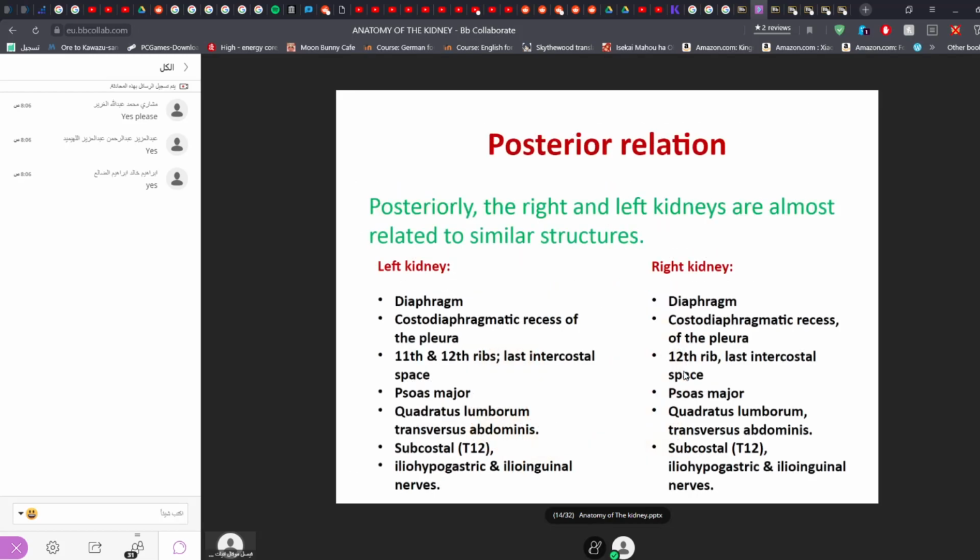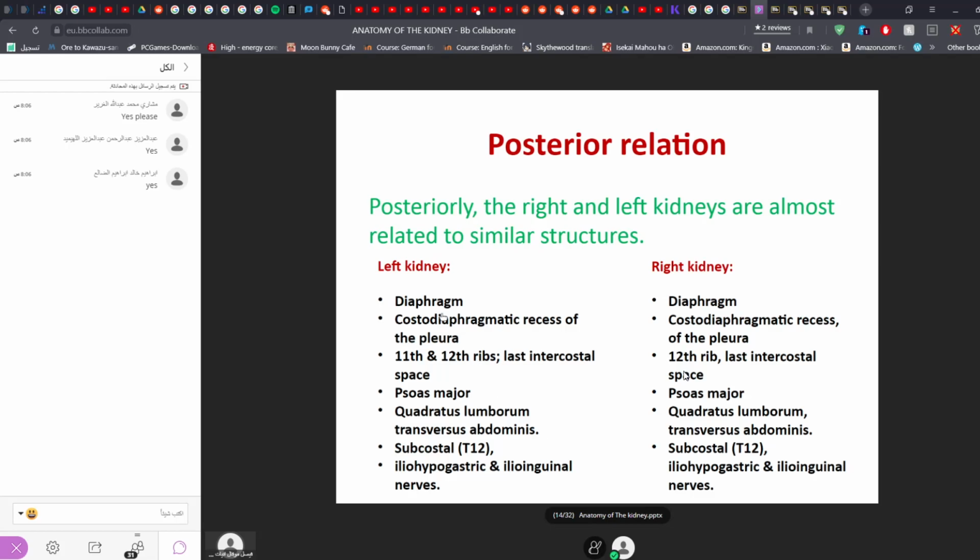The posterior relation is a very important part. You will be having a seminar on the posterior abdominal wall, in which you will have to describe all the structures present in it. But for the kidney, all the structures of the posterior abdominal wall are the same on both sides, except one.